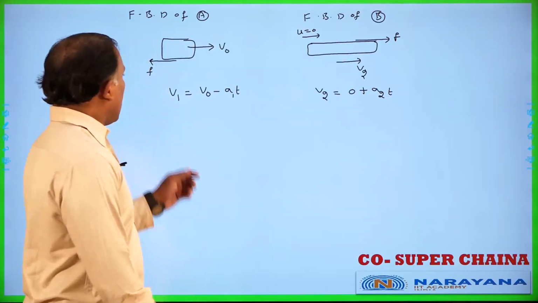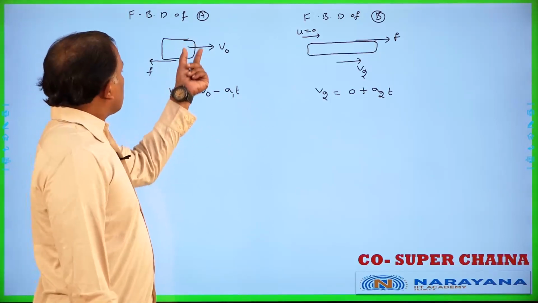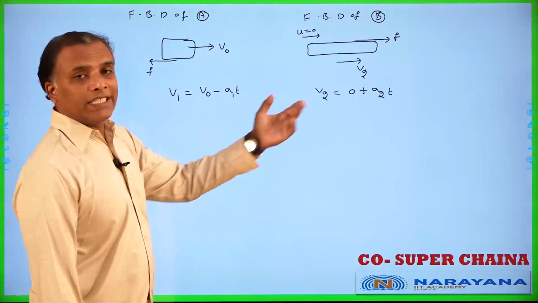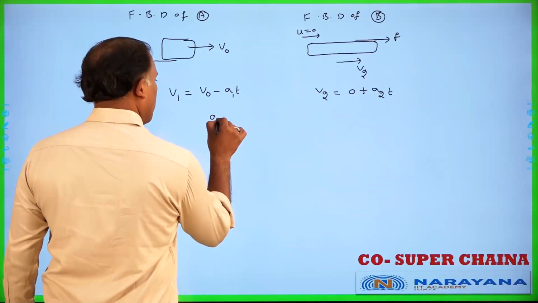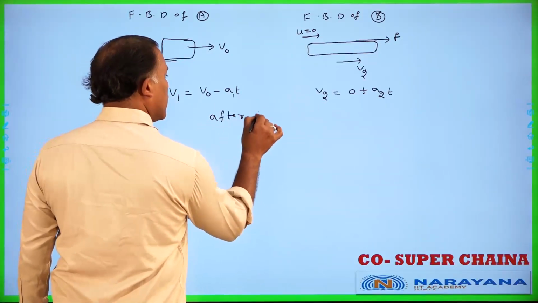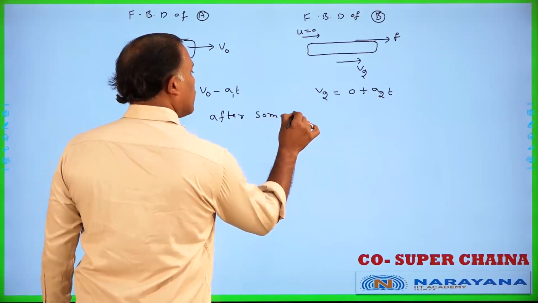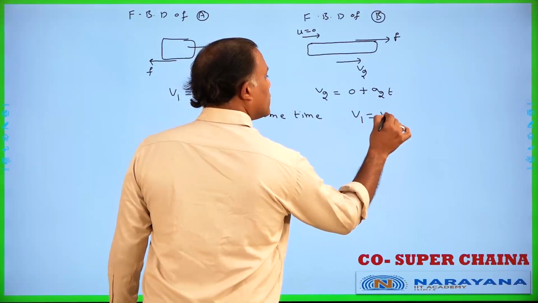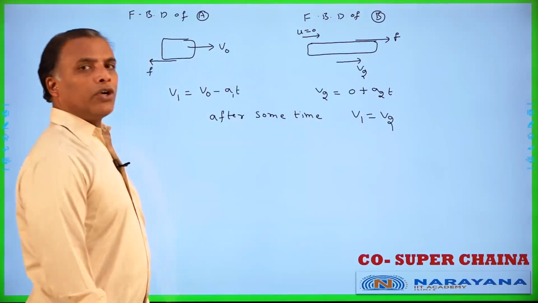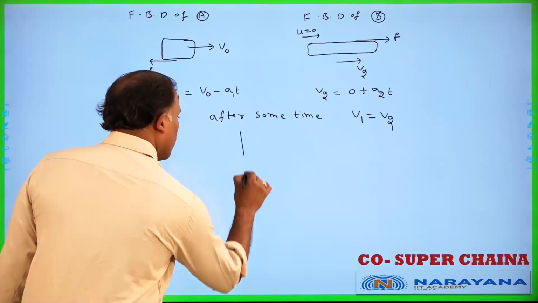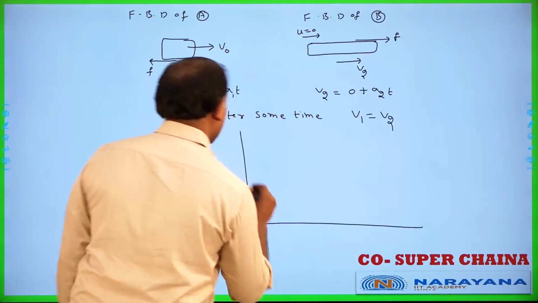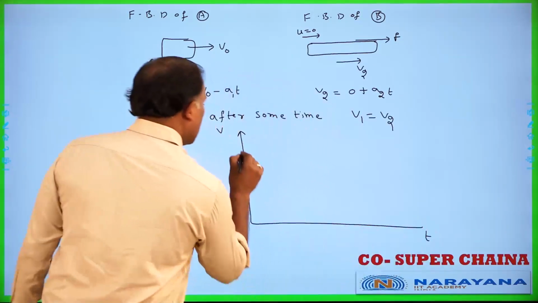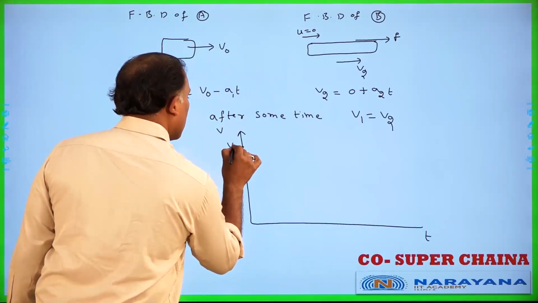Now you can see, as time goes on, velocity of A is decreasing, and velocity of B is increasing. After some time, both blocks will have the same velocity, V1 is equal to V2. Then how will the graph be? Combined motion if I consider, here it is V and this is T. Initially, block A has velocity V0.